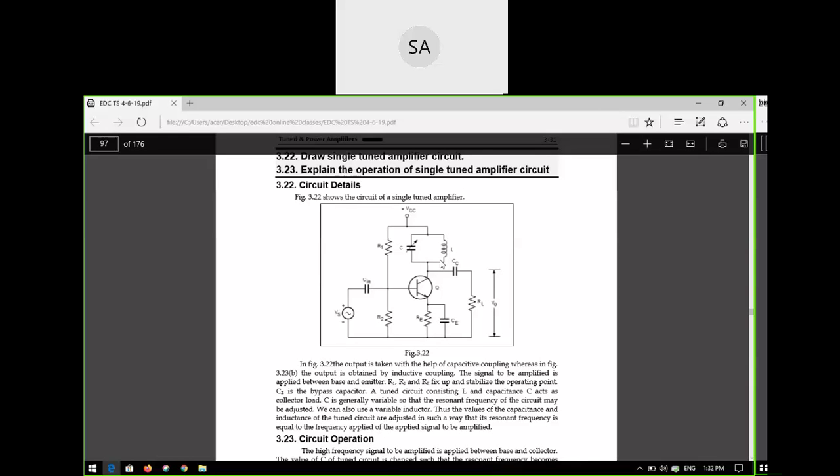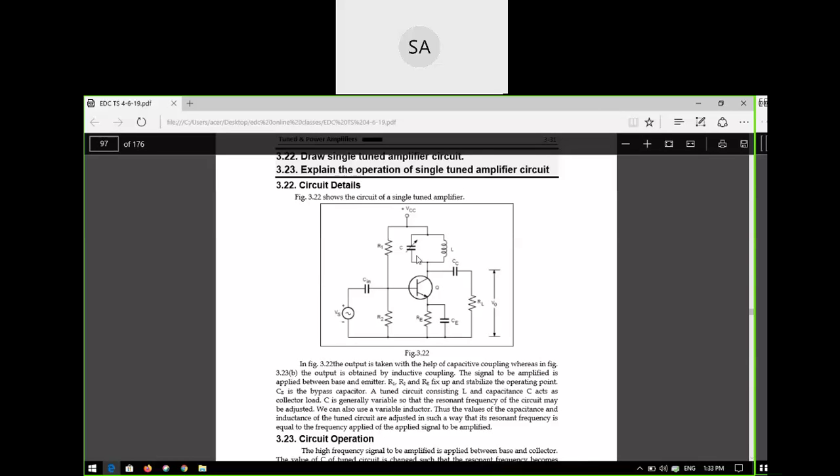Then what do they do? They will select a particular frequency by selecting the F naught or resonance frequency by changing the C value. By changing the C value or capacitance value, you can easily select a particular frequency like 103.8 FM. So for that purpose we are using single tuned amplifier circuits.